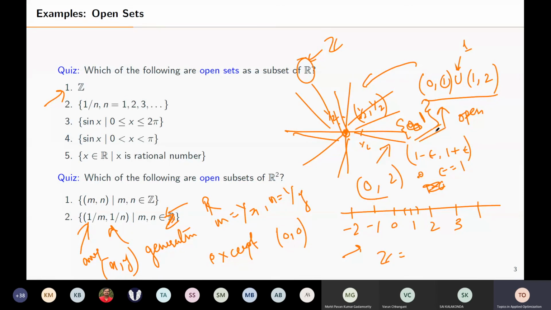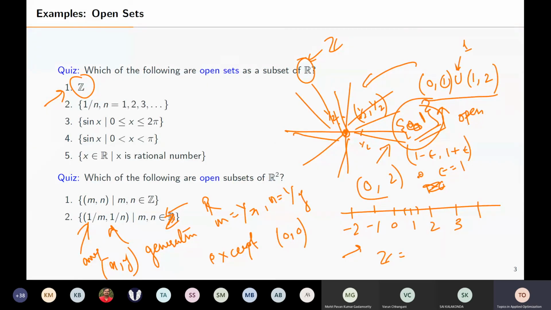Now we have this set. So is 1 in Z? Yes, 1 is in Z. You see the point here? Open balls in Z will only contain integers.